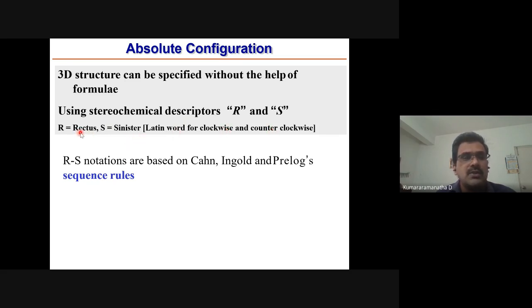R means clockwise, S means counterclockwise, and these RS nomenclatures originated from Cahn, Ingold, Prelog. So even this part we have discussed, and these are the important sequence rules by which you can essentially assign absolute configurations.